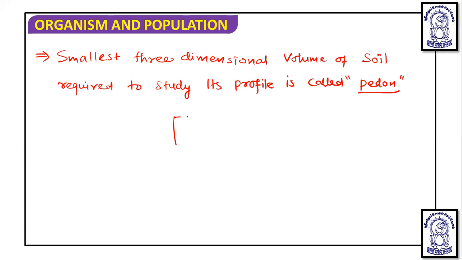Suppose we are taking some small volume of soil like this, then this three-dimensional unit of soil is known as a pedon.